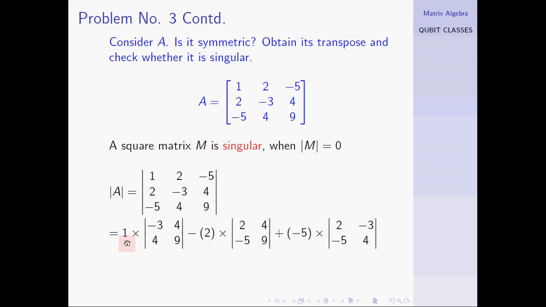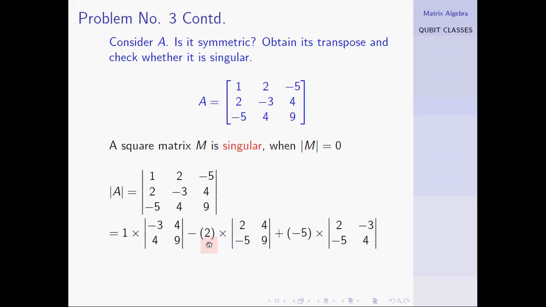That means we have covered all the elements in the first row, and we have multiplied each element by a determinant formed by eliminating the row and column containing that element. For example, for this element 1, it is present in the first row and first column. So on eliminating these, we get minus 3, 4 and 4, 9.